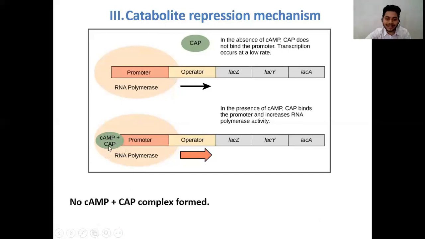Therefore, no cyclic AMP and CAP complex is formed when glucose is present, and the CAP binding site is no longer occupied. In such cases, the levels of transcription are quite low. So we can also say that the lac operon is a glucose sensitive operon, meaning that in the presence of glucose, the levels of transcription are lower.